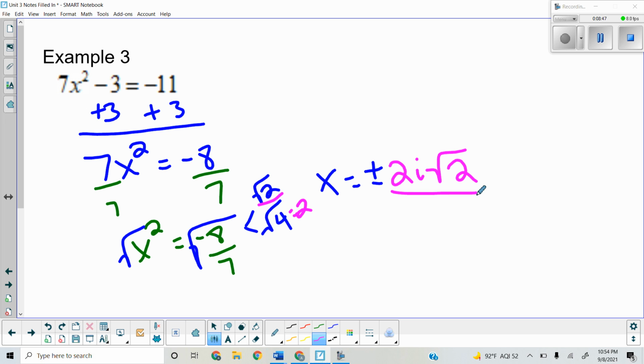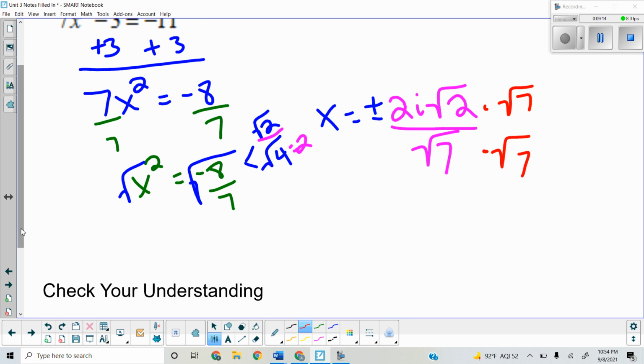Now, 7 is also not a perfect square. So in our denominator, we have this square root of 7. But we cannot have a square root in our denominator. We have to rationalize it. And we do that by multiplying our numerator and denominator by the square root of 7. So what that does, x equals positive, negative 2i.